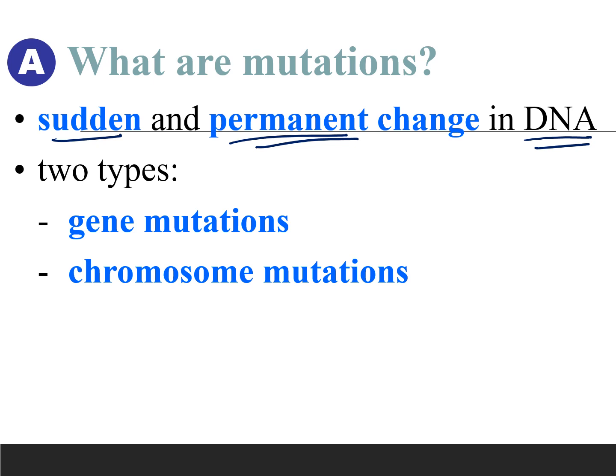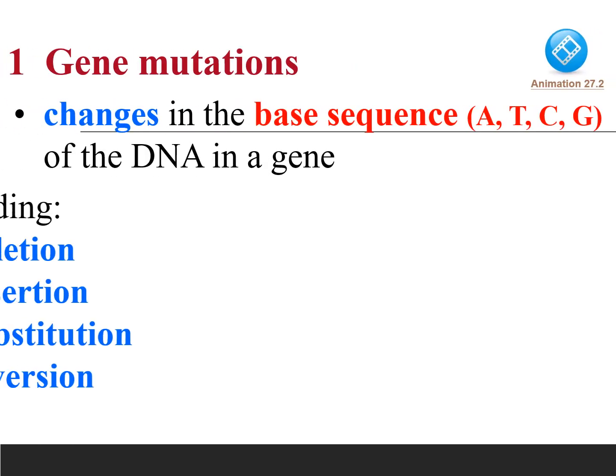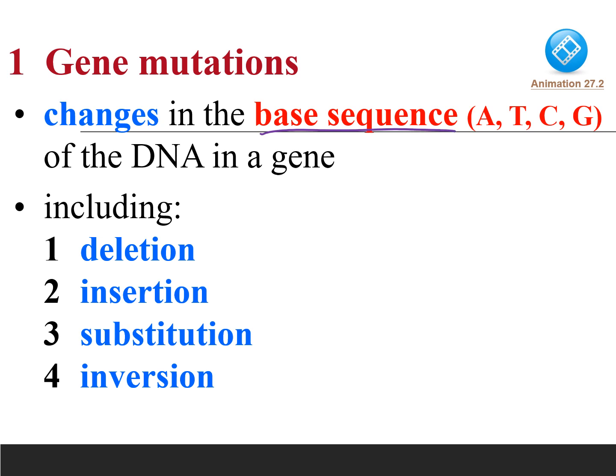Let's take a look at the first type, gene mutation, first. Gene mutation refers to the change in the base sequence, the bases A, T, C, G of the DNA in a gene. And the change in base sequence can occur in 4 different ways: deletion, insertion, substitution, and inversion. Let's take a look at them one by one.